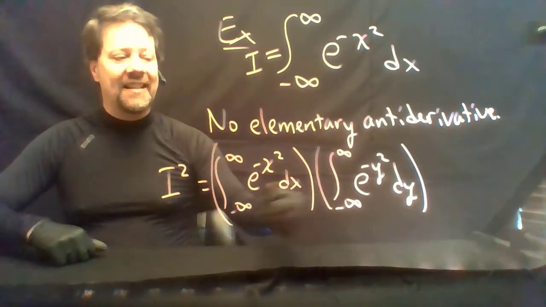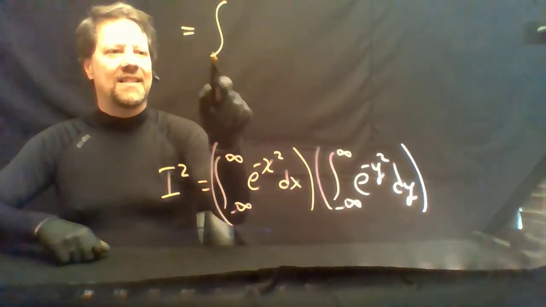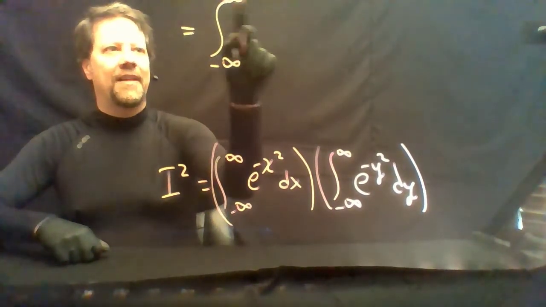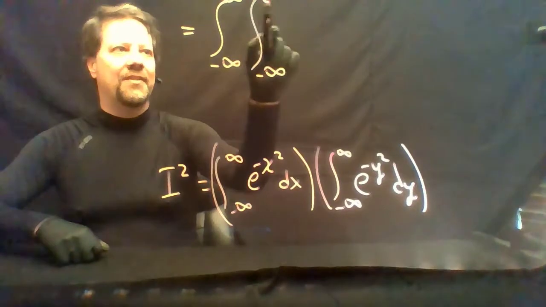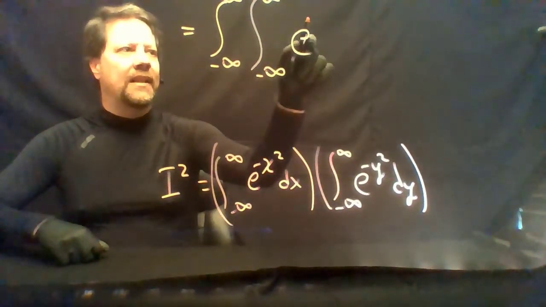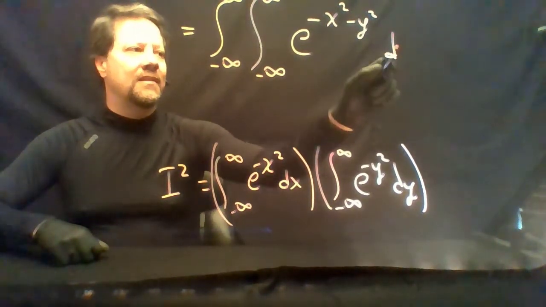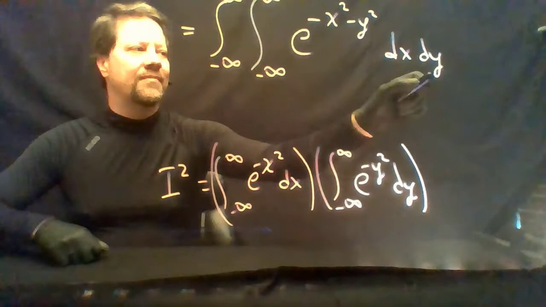But I can combine these two integrals now. I can write this as the integral from minus infinity to infinity, the integral from minus infinity to infinity of, when I combine the integrands, e to the minus x squared minus y squared dx dy.